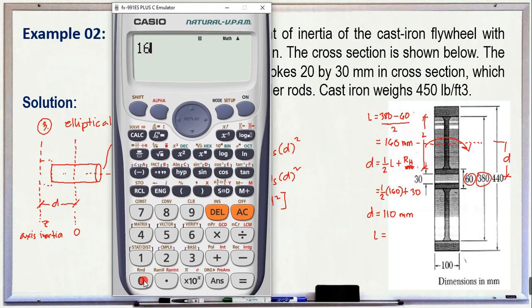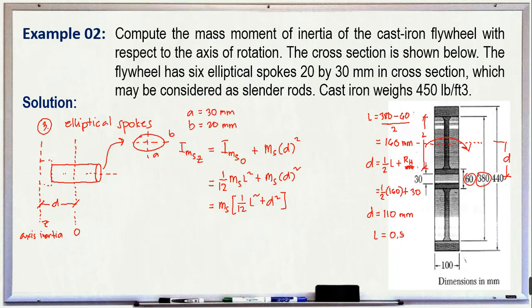We have 160 times 1 inch over 25.4 mm, and 1 foot over 12 inch, which equals 0.5249 foot.